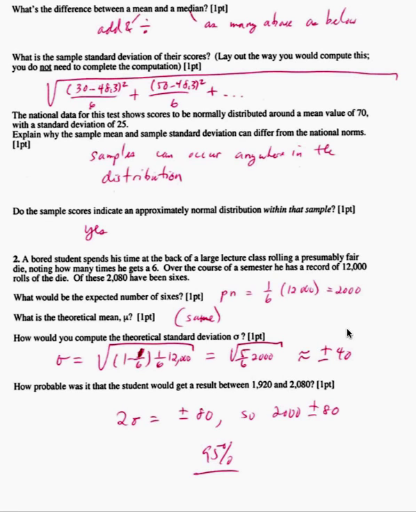Remember the bell curve, 1 sigma is 68%. 68% of cases fall within 2,000 plus or minus 40. So how probable to get this result, which is 2,000 plus or minus 80, 2 sigma? The 2 sigma level corresponds with 95%. You've got to hammer this home in your head. 2 sigma, 95%. 3 sigma, 99%. Okay, that's it for the quiz. Just keep practicing.